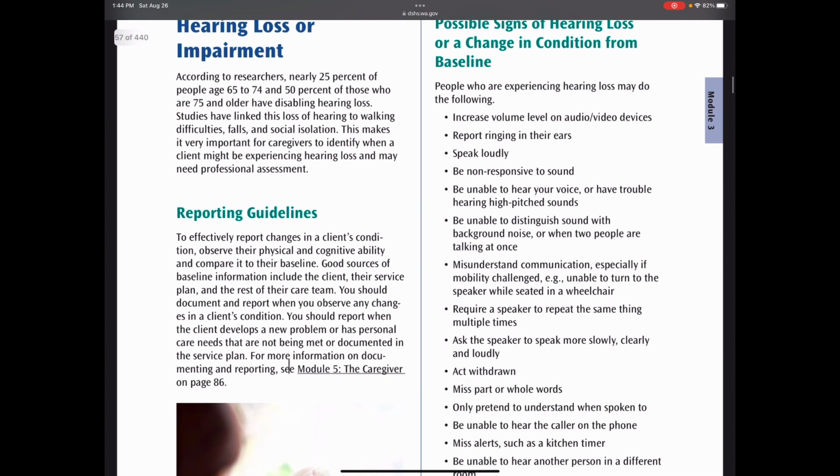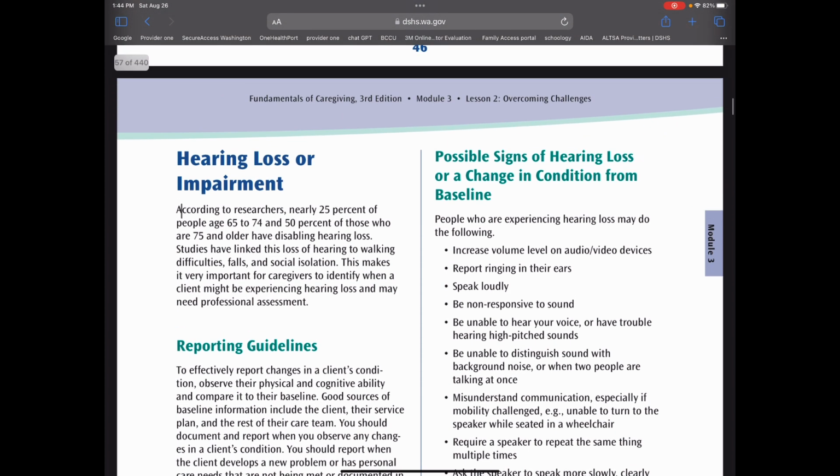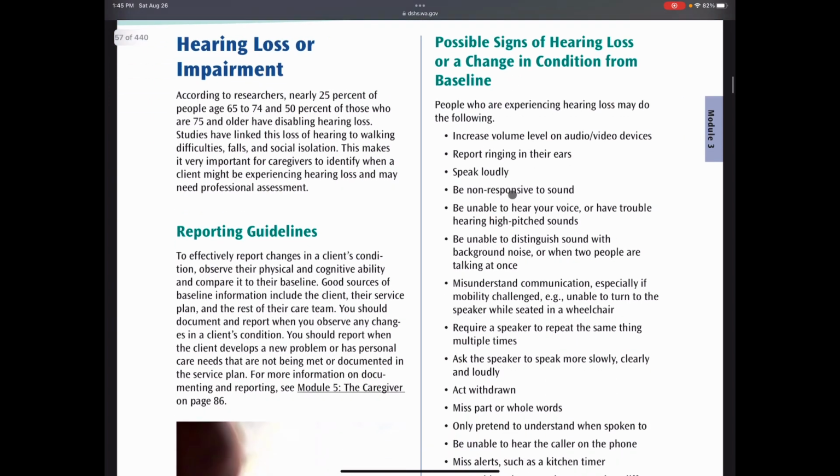So we need to observe these people. If we see somebody has a hearing problem, we need to report it. Then we'll always be aware of the possible signs of hearing loss or a change in condition from baseline. When somebody changes, if they don't hear you, what can cause it?